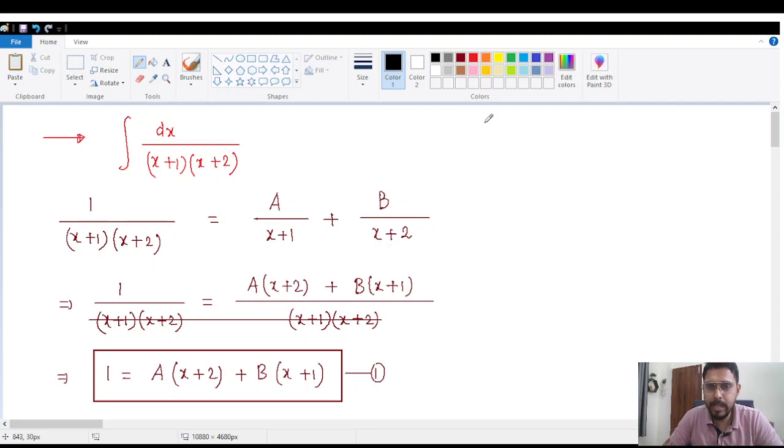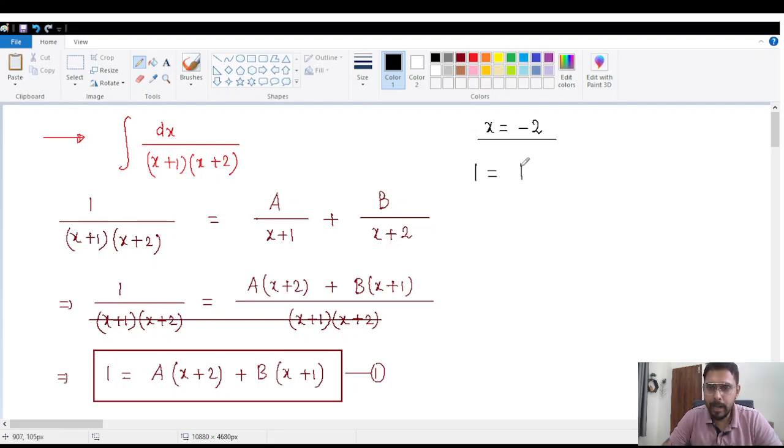So we can take x equal to negative 2. If we take x equal to negative 2, in that case I can write 1 equals to, now see, 1 is not going to change because there is no variable over here, so there is no putting of negative 2 on this part. However, in this part it will be negative 2 plus 2, which means this will be 0, which means a is gone.